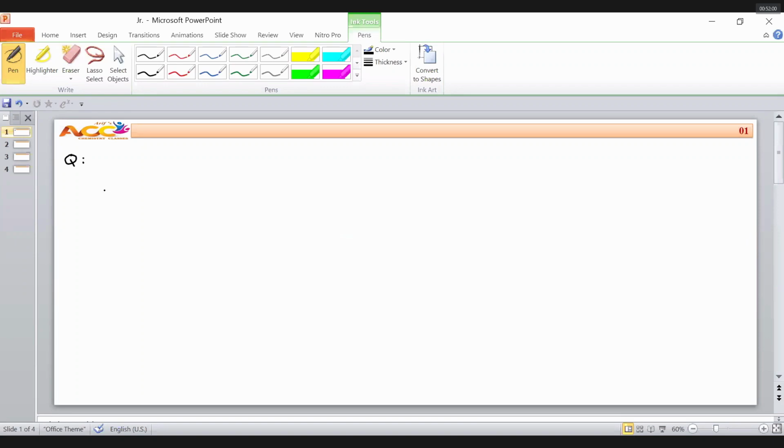Enthalpy of neutralization of a weak acid in 1 molar solution with a strong base is minus 56.1 kilojoule per mole. No problem.